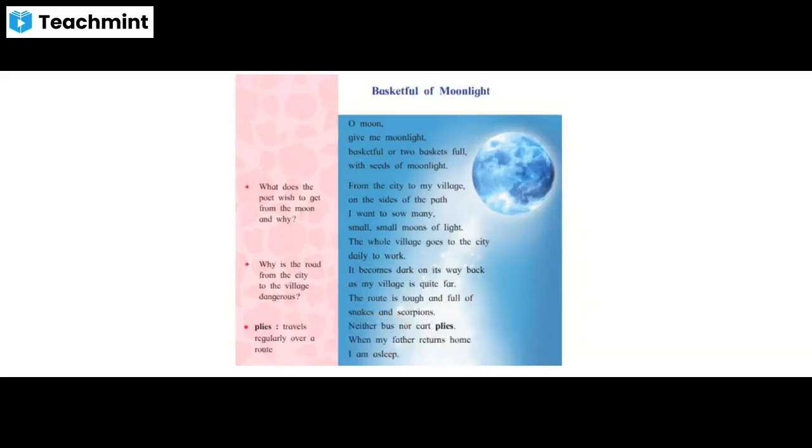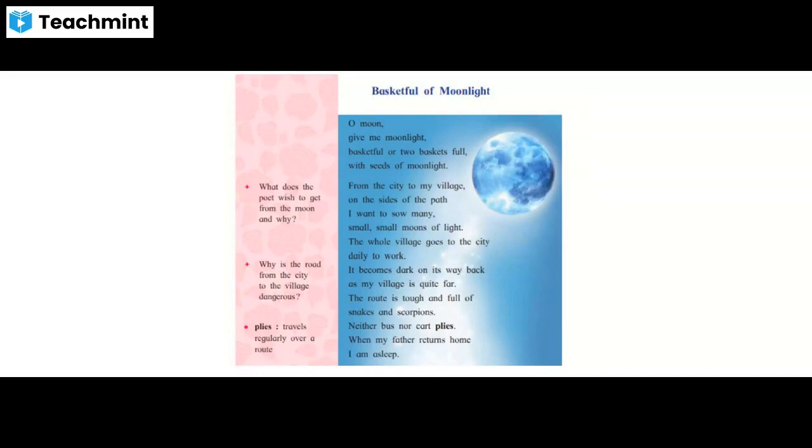Here, the child addresses the moon. That's why the figure of speech is apostrophe.